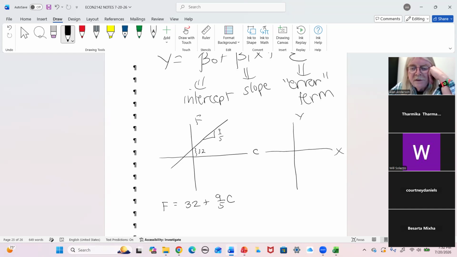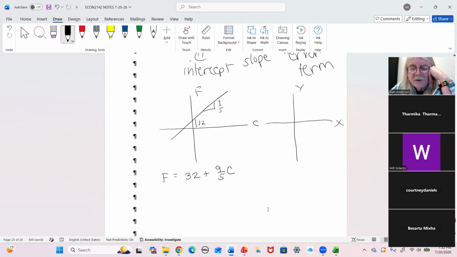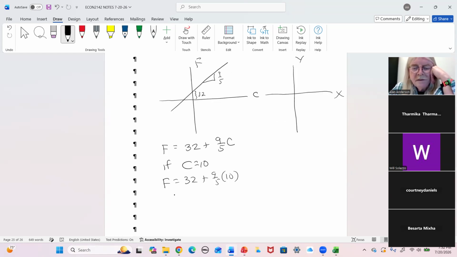So given this, no matter what Celsius temperature I give you, then let's say F would be 50 degrees Fahrenheit. All right. So in other words, like let's say that point is here.